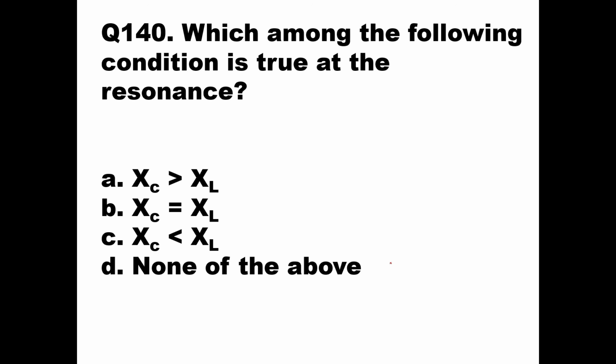So at resonant frequency the current will be maximum. That means the condition is reactance of capacitor should be equal to reactance of inductor. That means XC should be equal to XL. So option B will be the right answer for this question, XC is equal to XL.